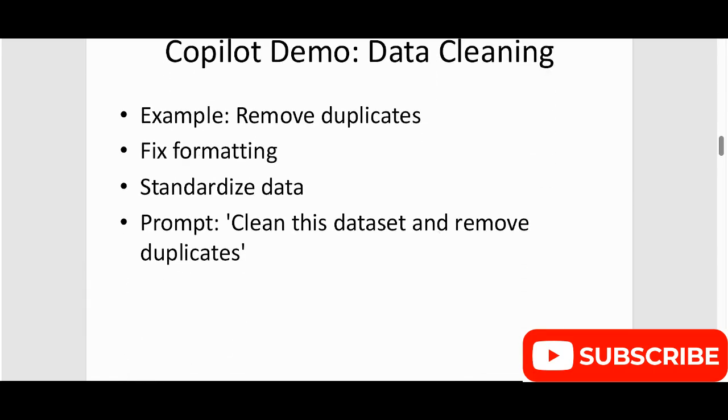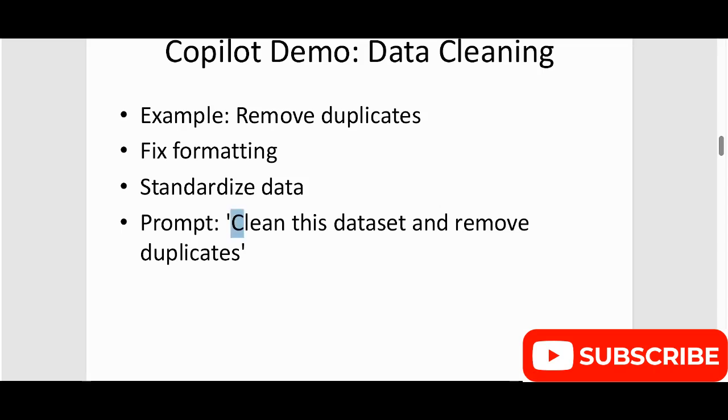Copilot demo, like a data cleaning example: remove duplicates. In this case the Copilot will help you. If you want to fix formatting, you can use the Copilot. If you want to standardize the data, then also you can use the Copilot. Prompt, like what you have to write so that you will get clean data: clean this data set and remove the duplicates.